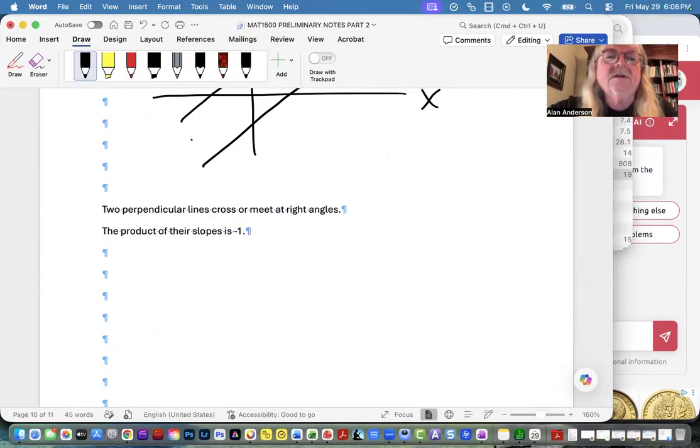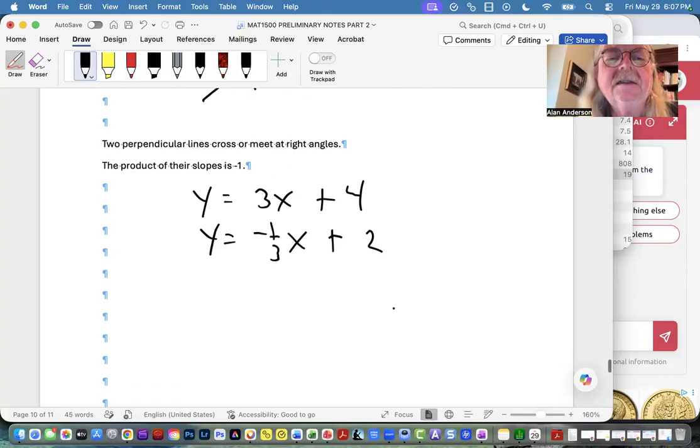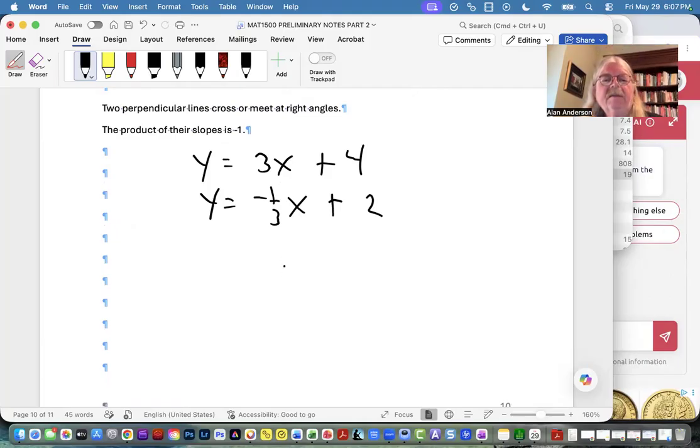So in other words, if you had something like that, what would end up happening?